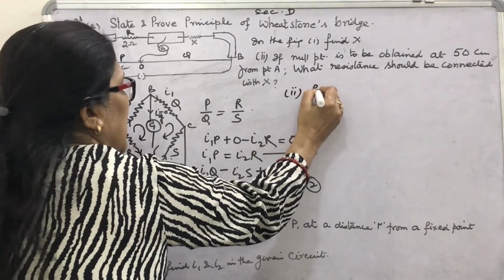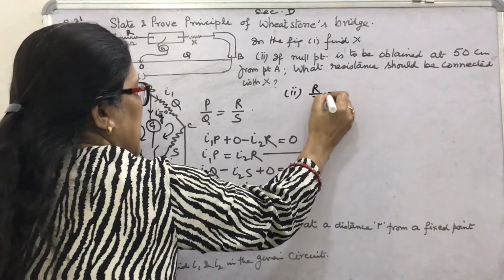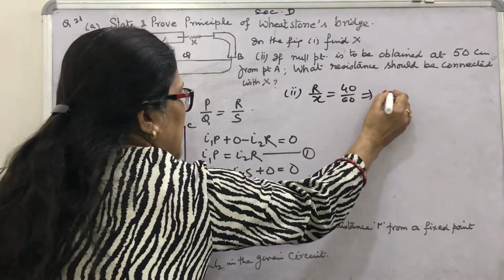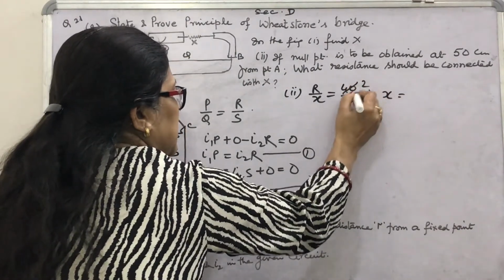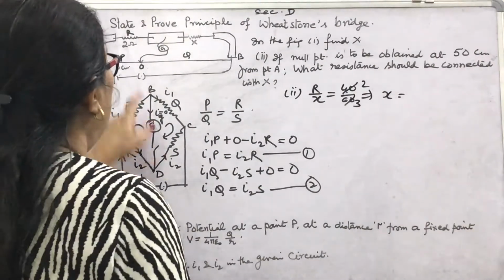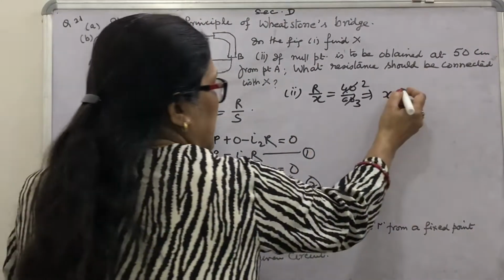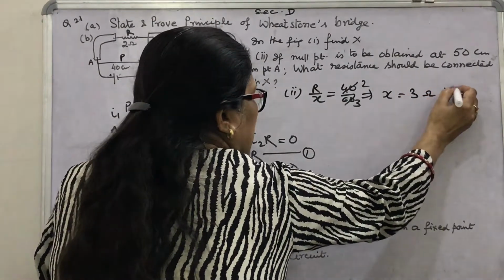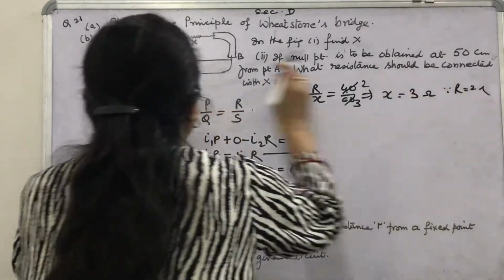You will write R upon X as 40 upon 60, which implies that X will be equal to 2 into 3 upon 2. Look at the value of R. R is 2, then this X will be 3 ohm, since R is 2 ohm given here.